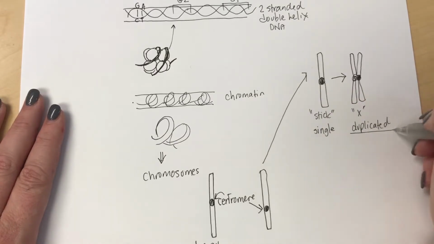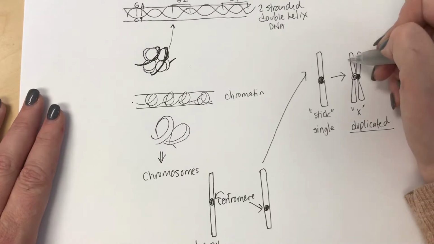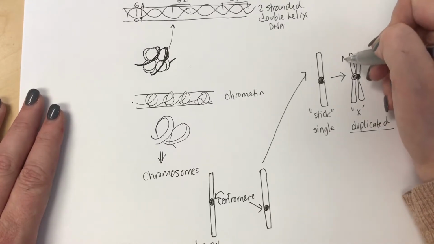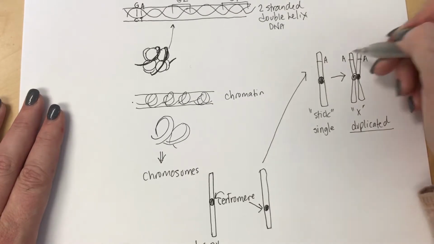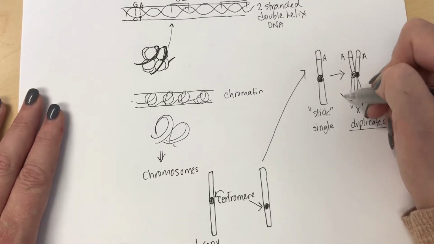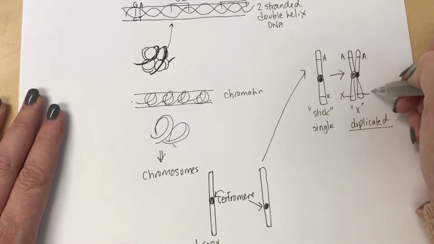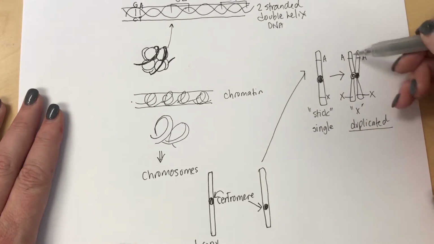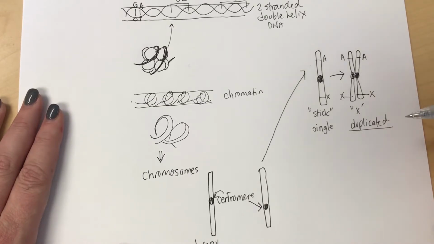And so a duplicated chromosome has identical sides, each side of the X. So if this is gene A here, then we have an identical copy of it there. And so we can say we have X on this side, and we have an identical copy of X on our other side. So one side of the X is identical to the other.